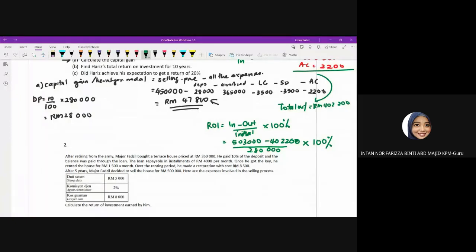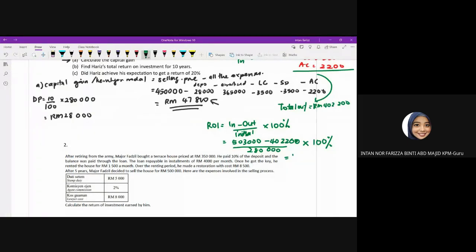Okay, write down the answer, please. 36. Yes, very good. 36. Okay. The rest of you, did you get 36 or not? So I repeat, in minus out over initial amount or initial investment times 100%, you get 36.